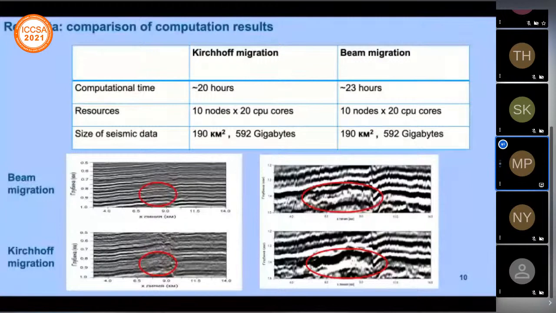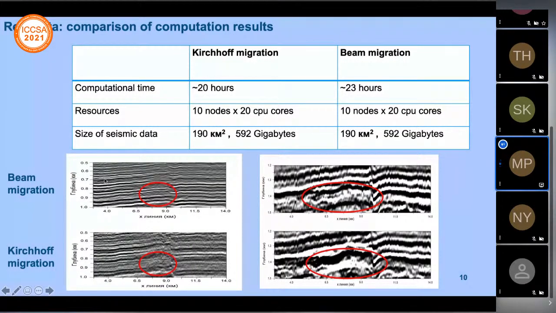We compare our procedure with the Kirchhoff type of migration, industrial version, and we see that computationally, with the same resources, we have got similar computational times.